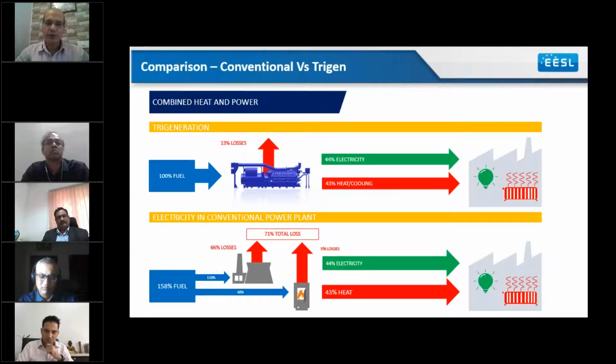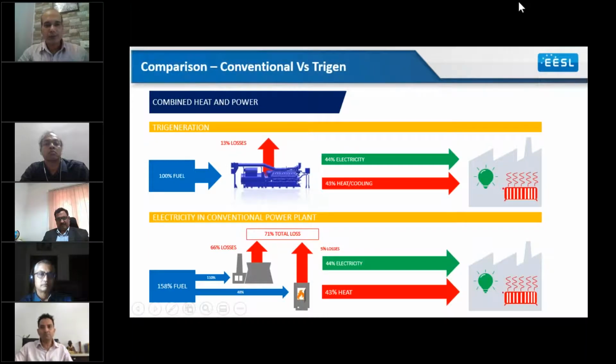So 44% of the fuel is converted into electricity, and the losses are recovered to provide heating and cooling. The efficiency of the heat will be 43%. So overall in tri-generation, we are utilizing 80% of the fuel energy, meaning the system efficiency is more than 80%.